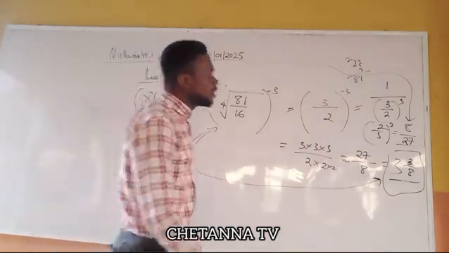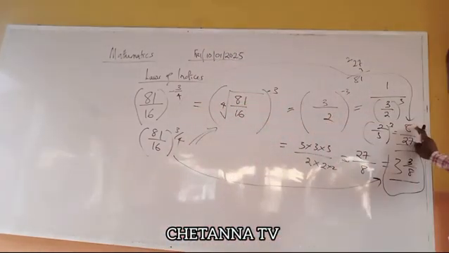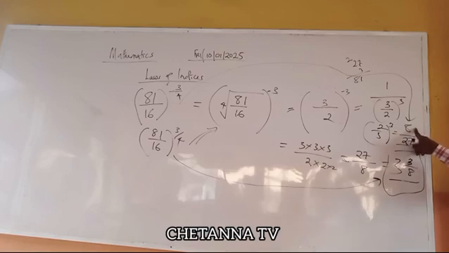So the answer is actually what? 8 over what? 27. Now, you will not do it like that, because this one is a proper fraction. Listen carefully. No need, because it's a proper fraction. A proper fraction, the numerator is less than the what? So it's proper. No need working on it again.